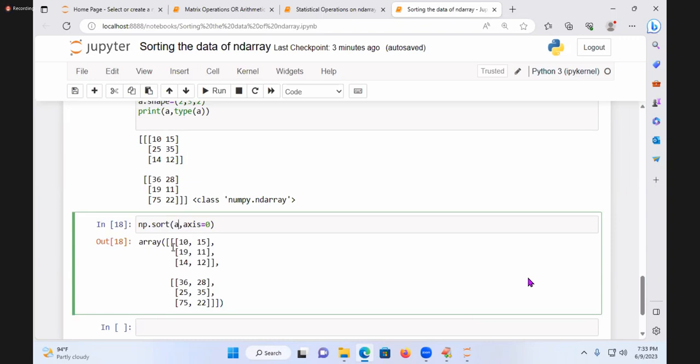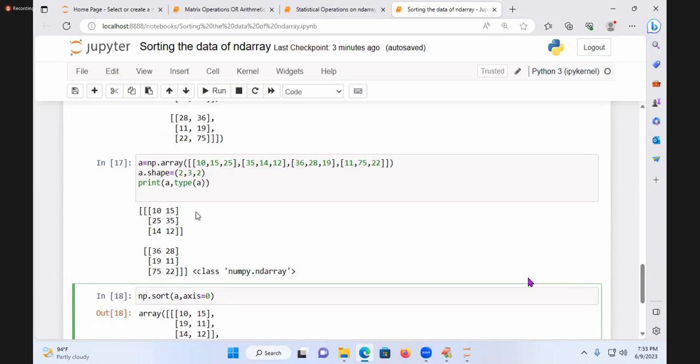It is giving 10, 19, 14. 10, 15, 19. What order is it coming? 15, 11, 12, something different.